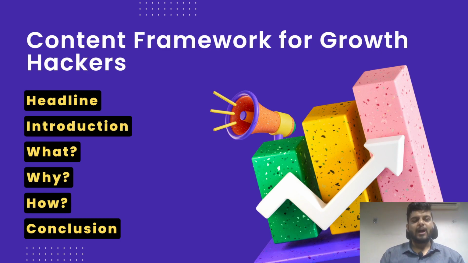Introduction should be about your headline, as in whatever topic you are writing the content for should be introduced in the introduction section. After that, what should be there, that is, what are you actually trying to tell people. So it is something different than introduction, because in the intro you are just guiding people that you are introducing them to a new thing.